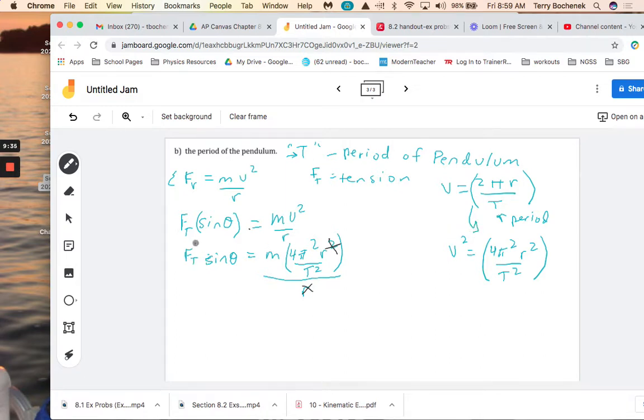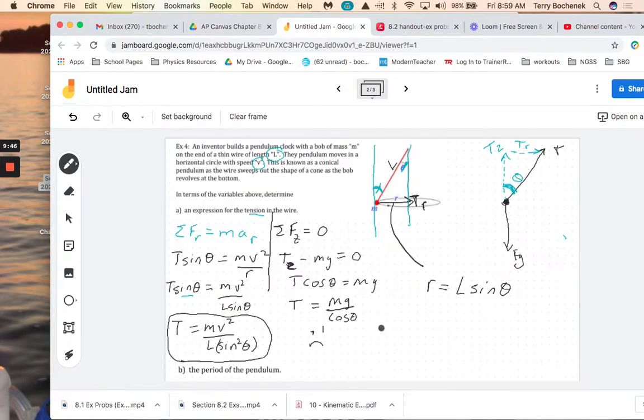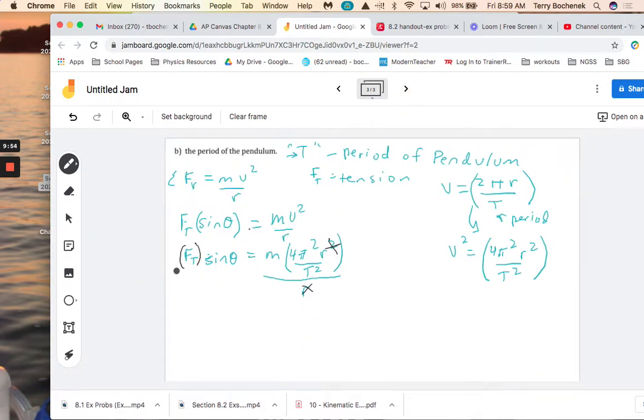Remember this Ft is kind of an unknown here, but we can substitute in for what we had earlier. From the previous page, the tension was equal to mv squared over L sine squared. Sorry, wrong thing. Hold on a second while I think.